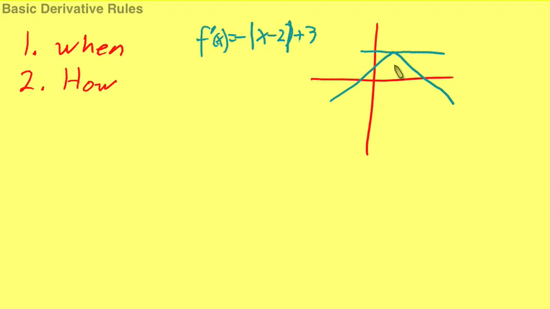Is that a tangent line? Is that a tangent line? They're all tangent lines. If you go anywhere else on this graph, you always know what the slope would be, but at the top you don't. No idea. So there are no derivatives at corners.